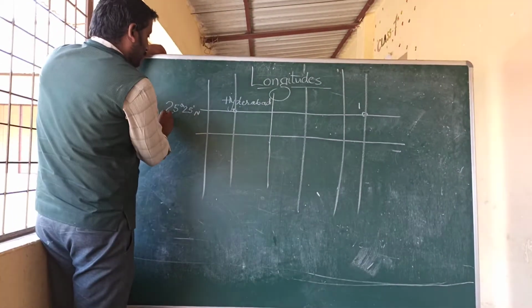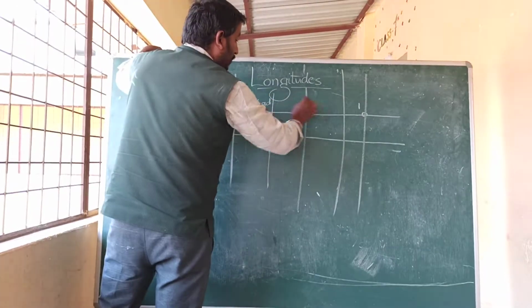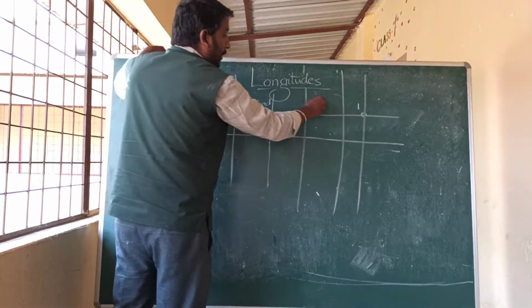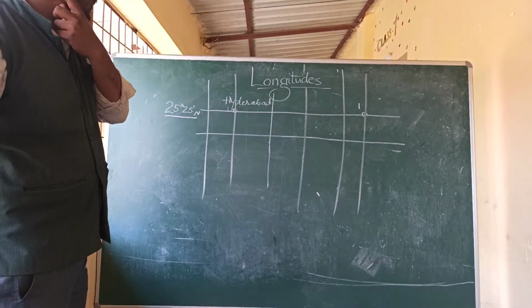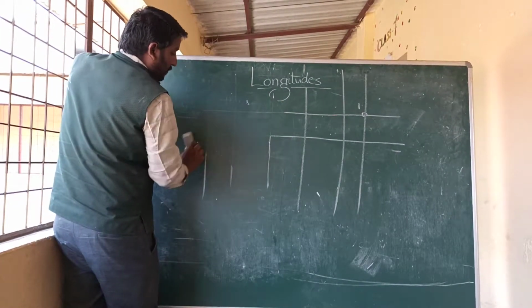Here you can see 25 degree 25 minute north is the position of both the cities, but the longitudinal values will be totally different. So longitudinal values along with latitudinal lines give you the exact location of a certain place.